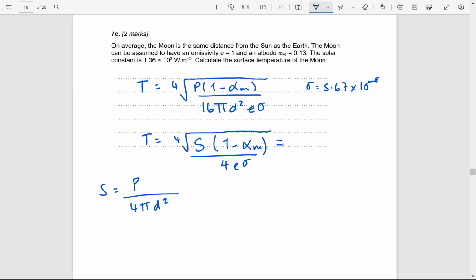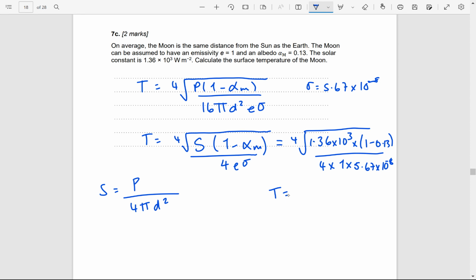So the fourth root of the solar constant, multiplied by 1 minus the albedo, 0.13, so that's saying 13% is scattered, divided by 4 times the emissivity, which is 1, times Stefan's constant, 5.678 with the negative exponent.